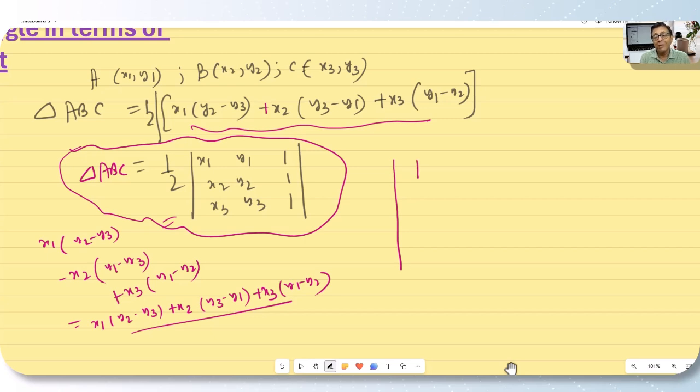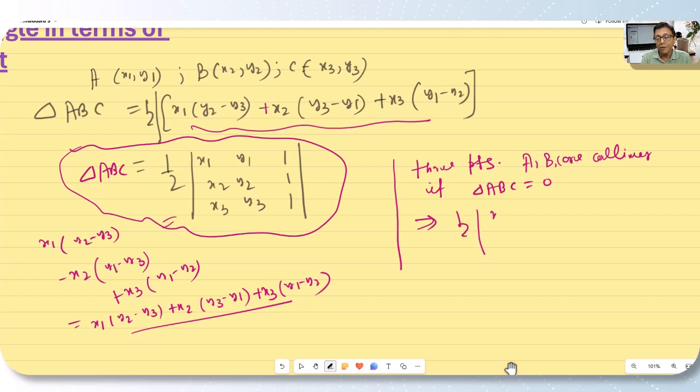So 3 points A, B, C are collinear if the area of ABC is 0.